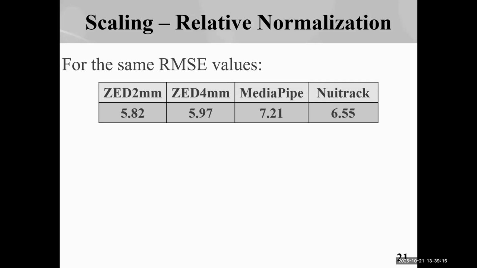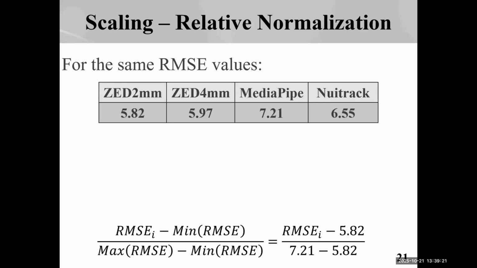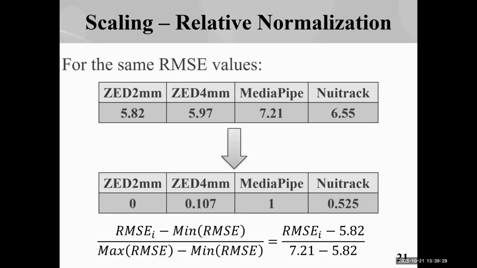In the relative normalization, we want to take into account the distance from the maximum and minimum RMSE values. Using the equation below, and for our specific example, we gain the following scaling, where 0 is for the best performing camera and 1 is for the worst. Then after we did all the scaling, we sum all the scaled results for each camera.